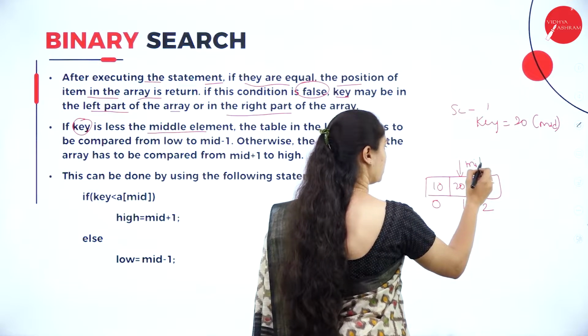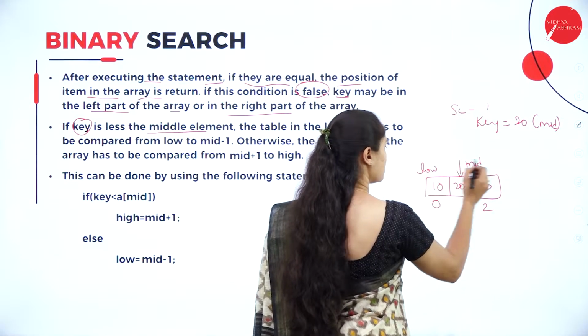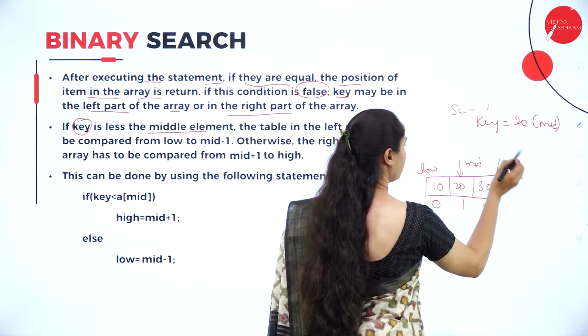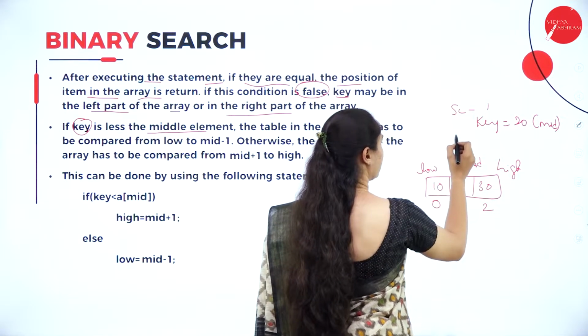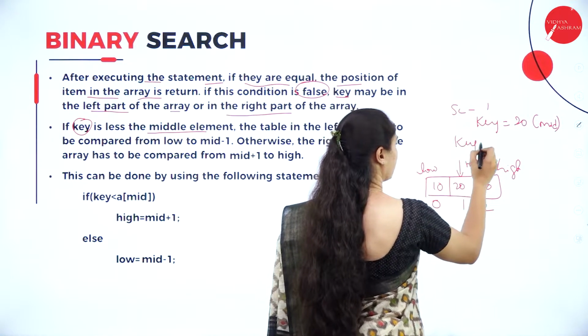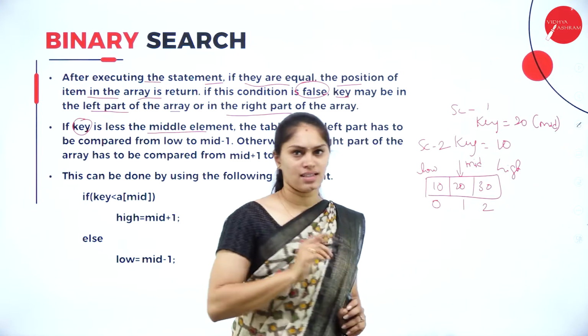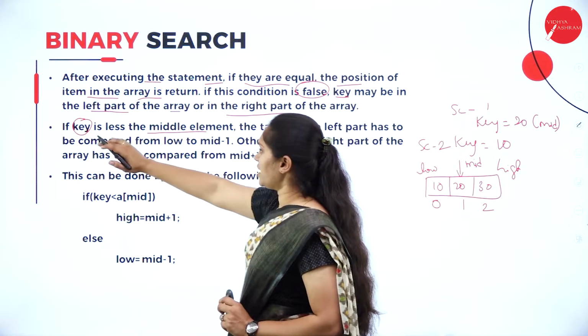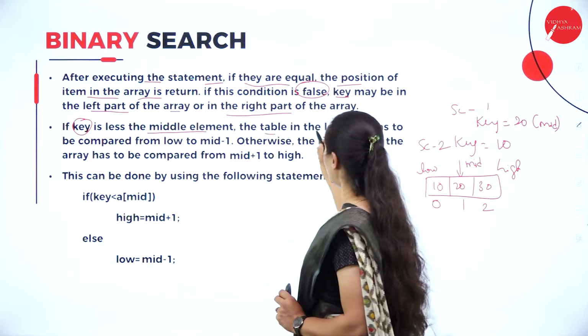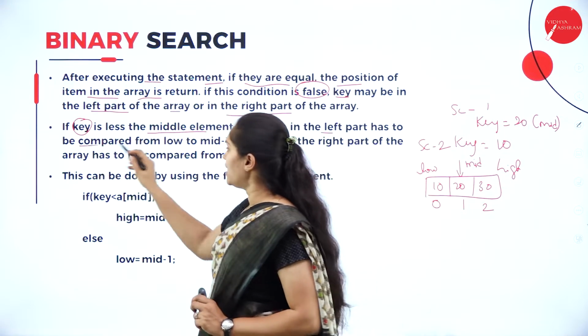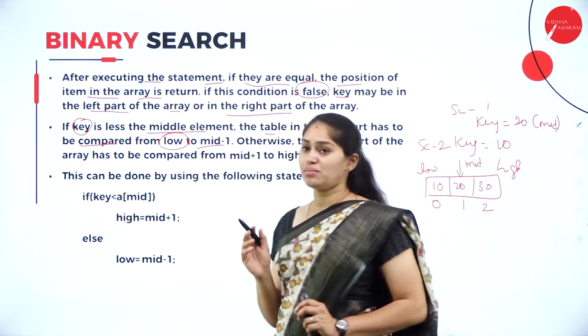This is mid, this is low, this is high. Now let me consider 10 as my key. In my second scenario, I am considering the key element as 10. If the key is lesser than the middle element, then the part on the left has to be compared from low to mid minus 1.